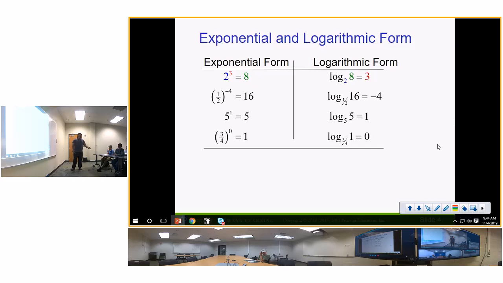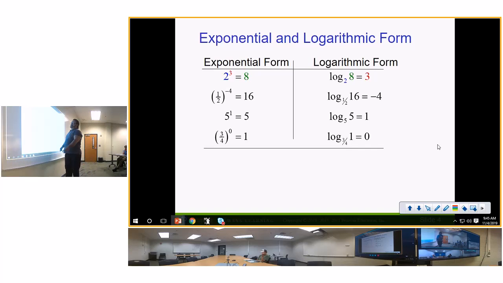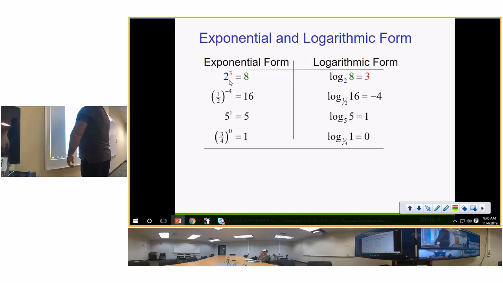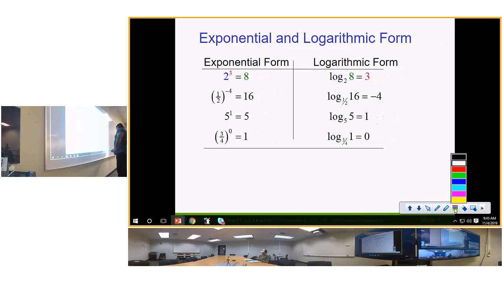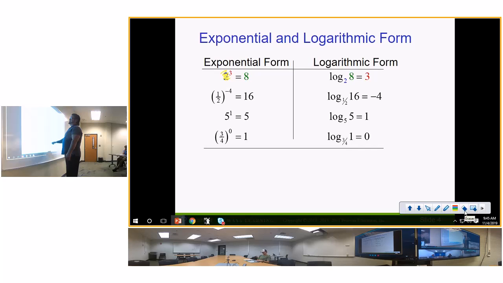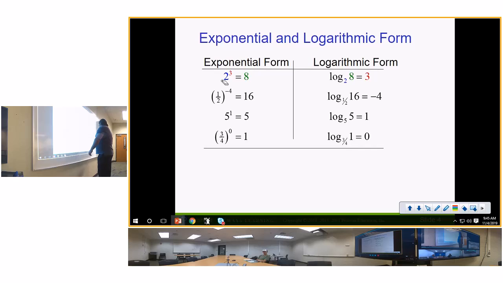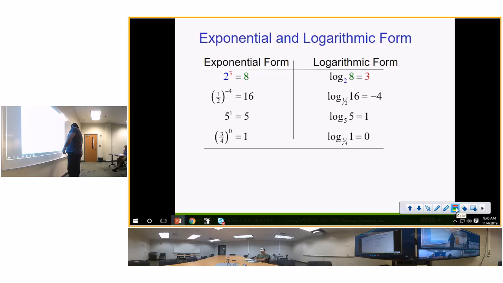If I have 2 to the 3rd power, that's an exponent. So I can rewrite that using the definition of a logarithm. See, that's A right here. There's my A. No, I hit this highlighter 3 times, but evidently it just does it when it wants to.